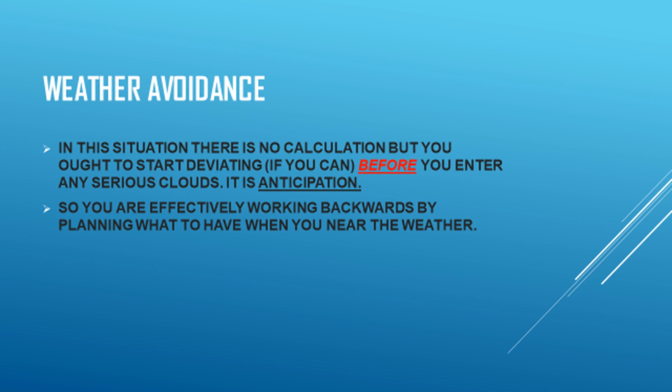So what do you do? Well, in this case, it's just about situational awareness. It's not a calculation. All you do is have your displays in front of you. You've got your multifunction display, which is painting the weather radar images in the different color codings that you are aware of.